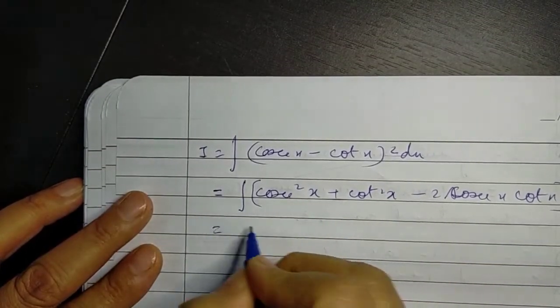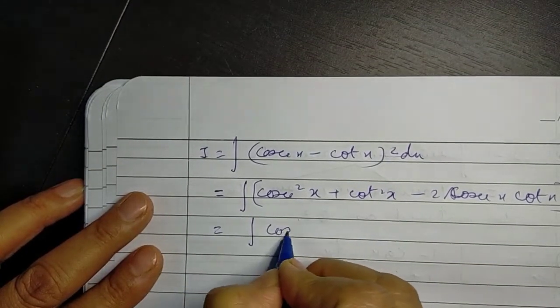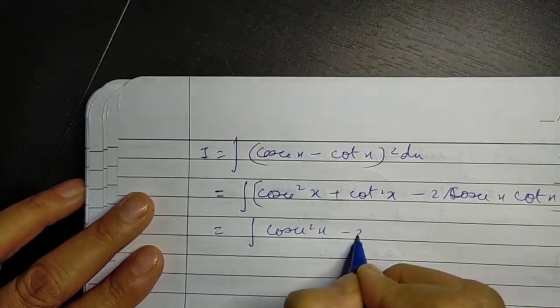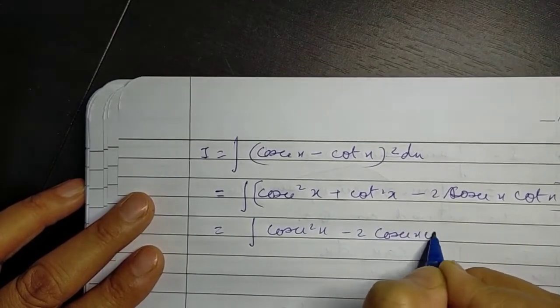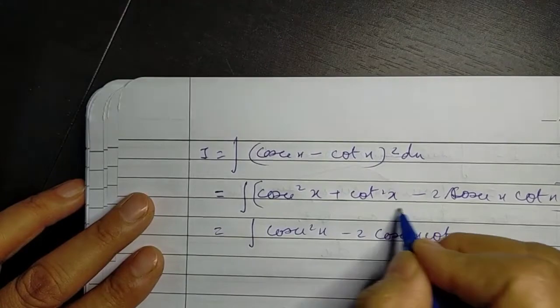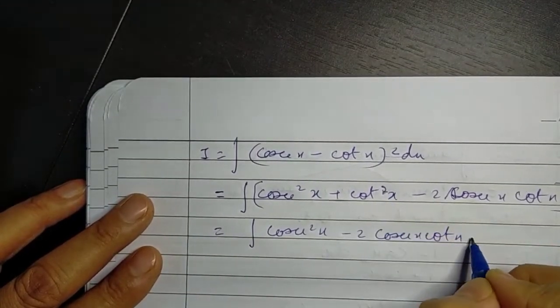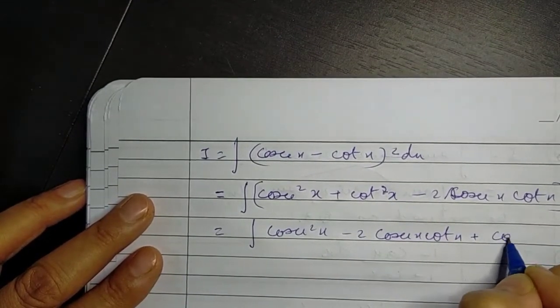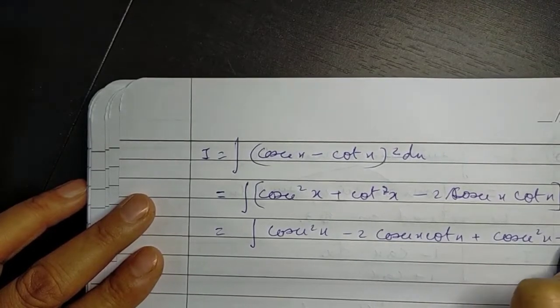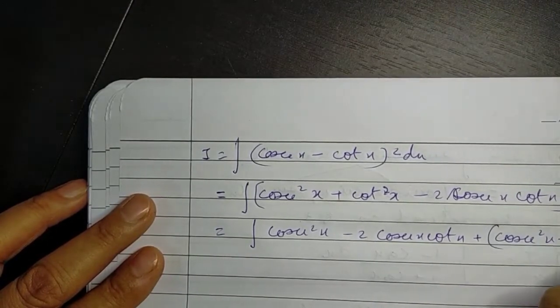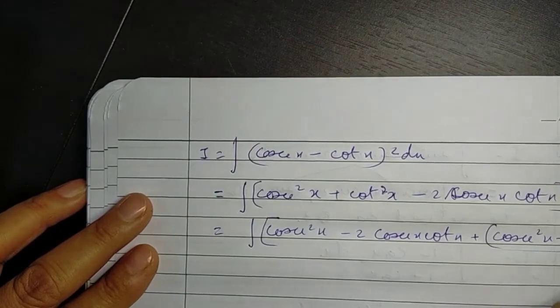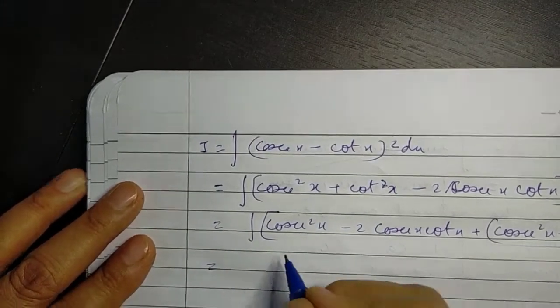Now we integrate. We know the integral of cosec squared x, and we know the integral of cosec x cot x. But we don't know the integral of cot squared x, which can be written as cosec squared x minus 1 into dx.